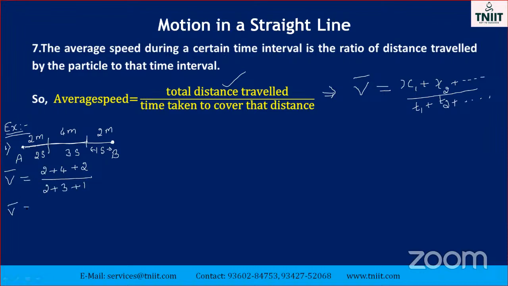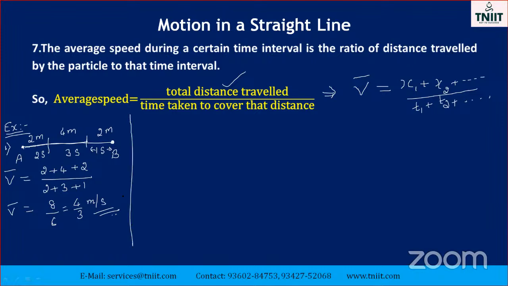So V bar is equal to 2 plus 4 plus 2, which is 8, by 3 plus 2 plus 1, which is 6. That is nothing but 4 by 3 meter per second. So the average speed is given by 4 by 3 meter per second. So this is basic.